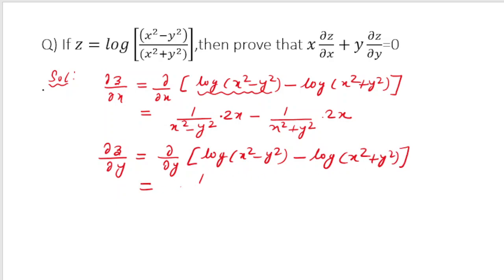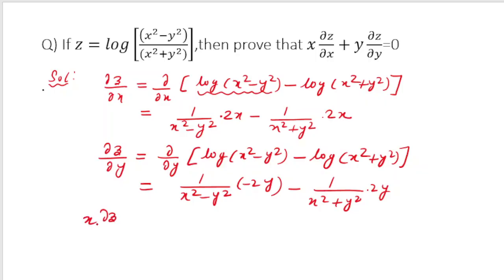Again I will get 1 by x square minus y square, and del by del y of this will give me minus 2y, and minus 1 by x square plus y square, and del by del y of this will give me 2y. Now I have to multiply this expression by x, so x del z by del x, and this expression by y, so plus y del z by del y.